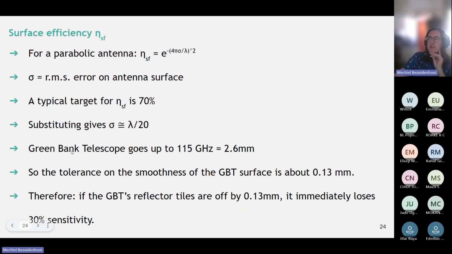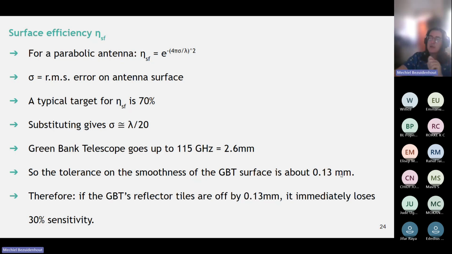So for an example, the Green Bank Telescope, which is the biggest single dish radio telescope in the world, over 100 meters wide, goes up to 115 gigahertz, which is 2.6 millimeters in wavelength. If you take 2.6 divided by 20, the tolerance on the smoothness of the GBT surface is about 0.13 millimeters.